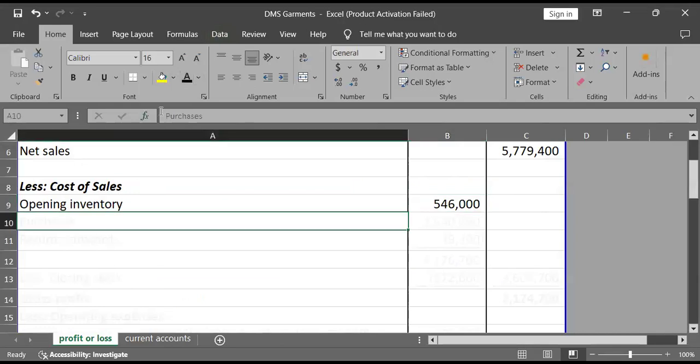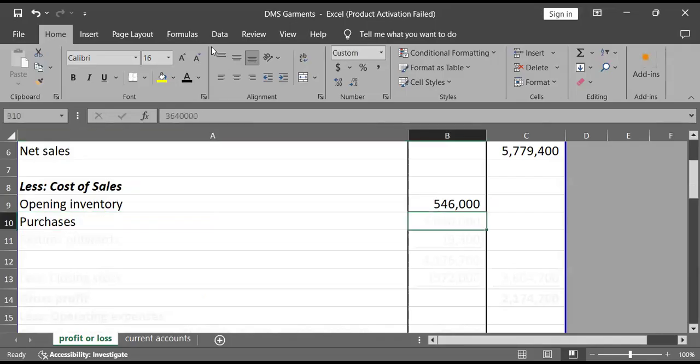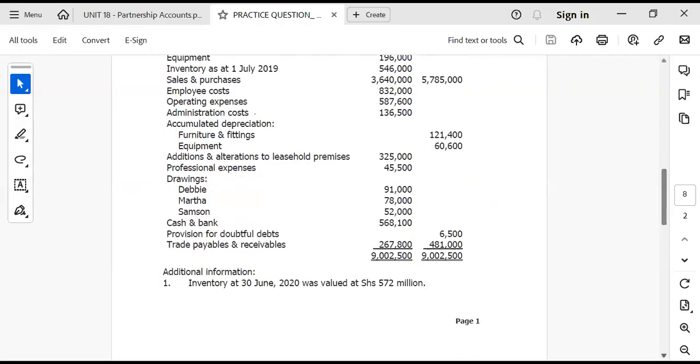Of course, plus we add back our purchases. Purchases are worth 3.6 million. We have seen returns inwards, but this question also has returns outwards.